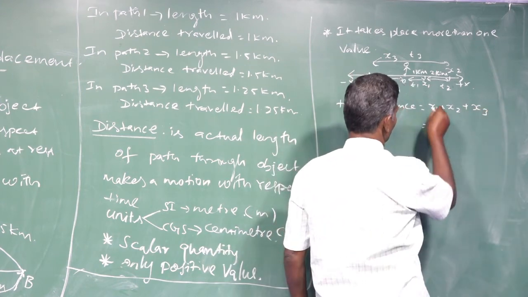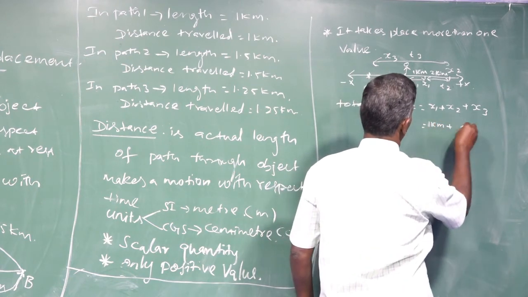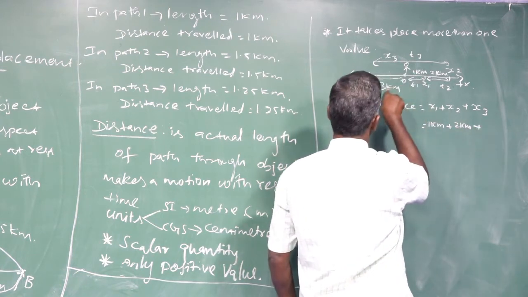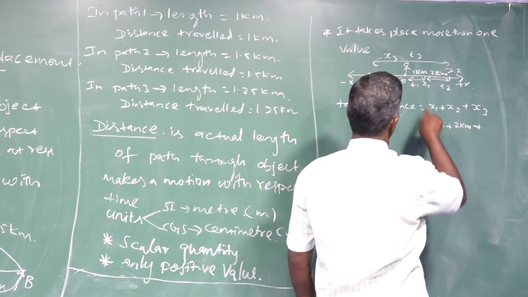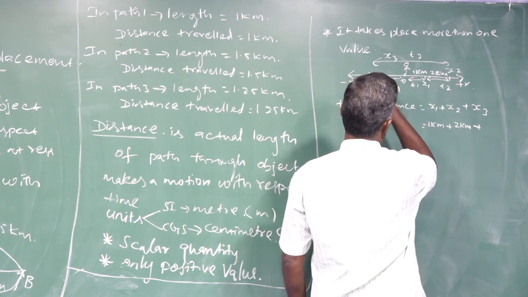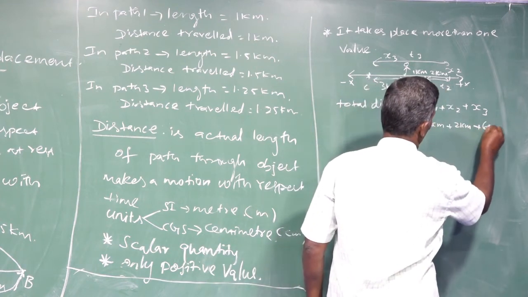So we will substitute the values: 1 kilometer plus 2 kilometer plus here that distance is 3 kilometer. But even though he is moving from the x2 position to C, already 3 kilometers plus 3 kilometers, 6 kilometers.